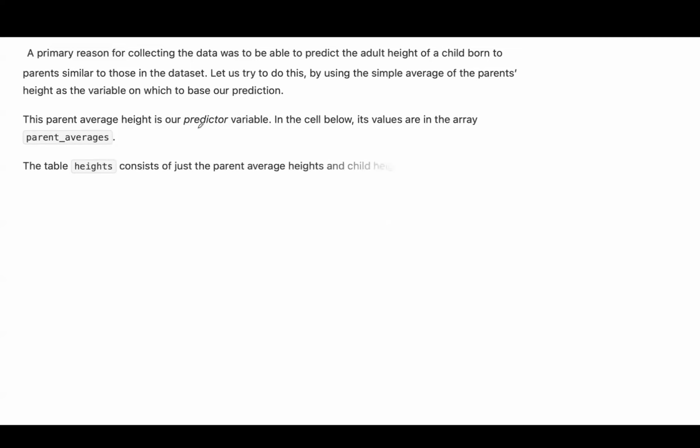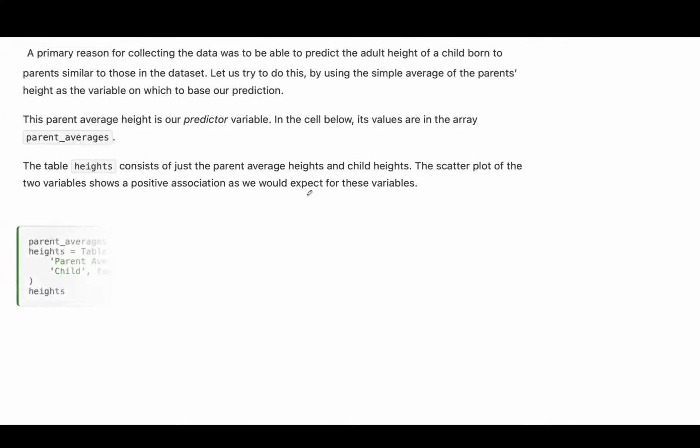In the cell below, its values are in the array parent_averages. If you look at the table heights, it consists of just the parent average heights and child heights. The scatter plot of two variables shows a positive association, as we would expect for these variables.